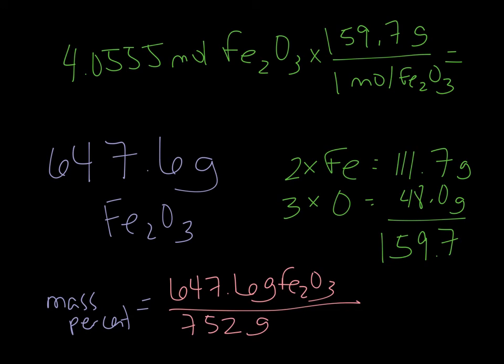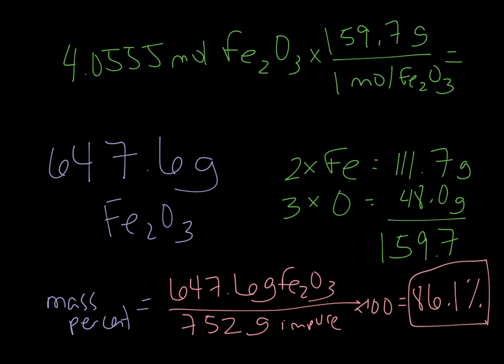This was the impure sample, the whole thing, multiplied by 100 equals 86.117, so I'm going to round to 86.1%, 3 significant figures. That is our mass percent of the iron 3 oxide in the rock.